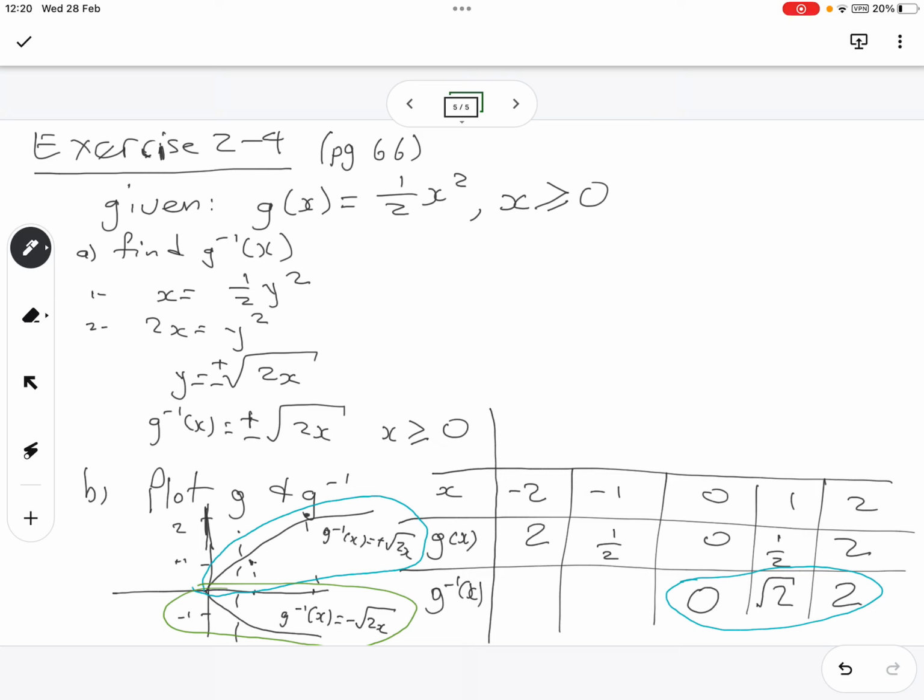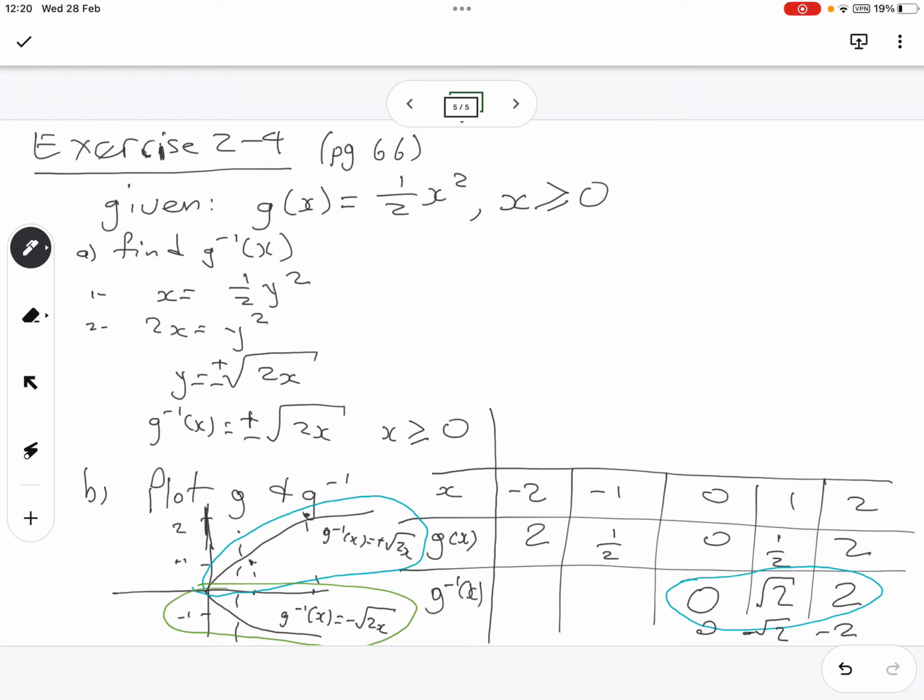So it's going to be 0 is 0, 1 is negative root of 2, and the other one is negative 2. Okay, cool.